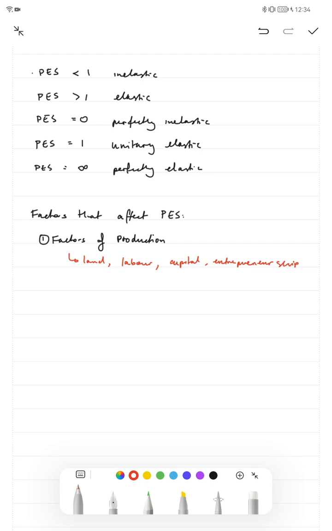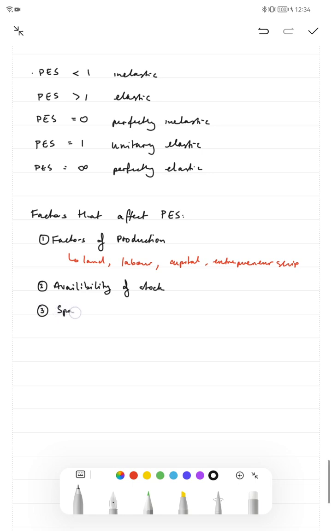If you can access the factors of production more easily, it'll be more elastic. You have the availability of stock. If you can have lots of stock, then it'll be more elastic, whereas if it's very difficult or expensive to hold stock, it'll be more inelastic.